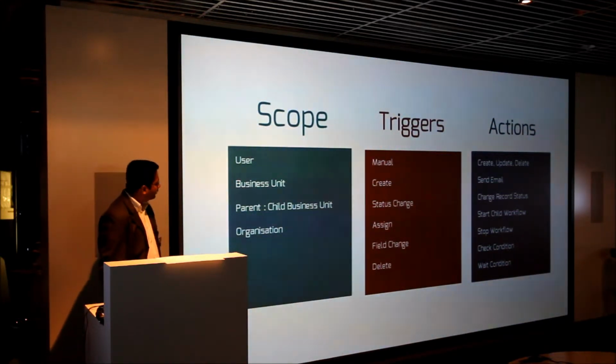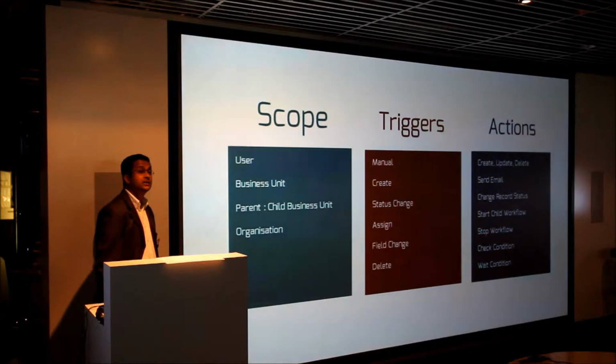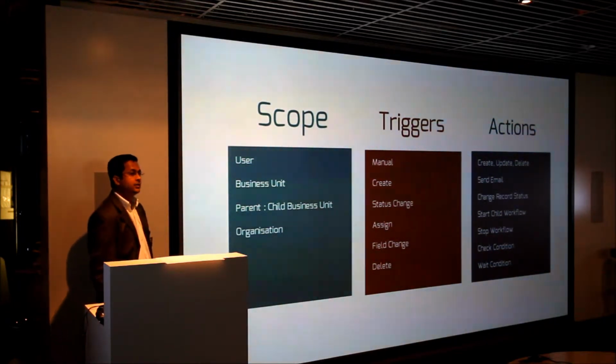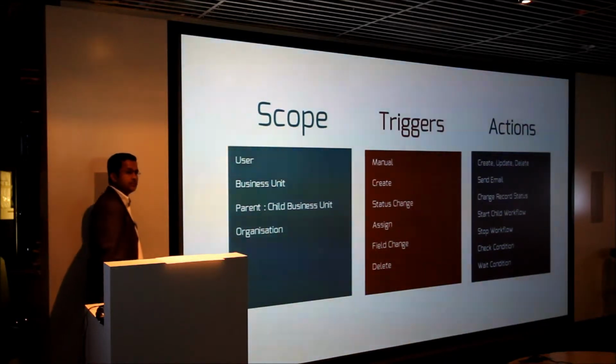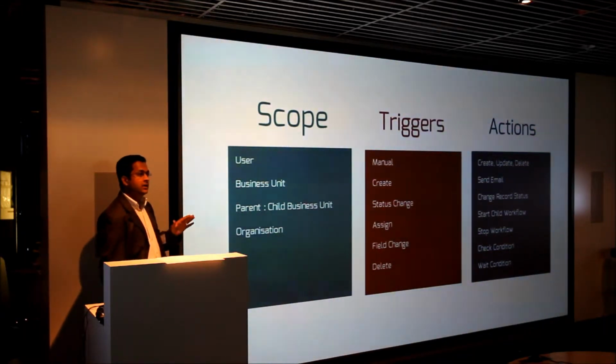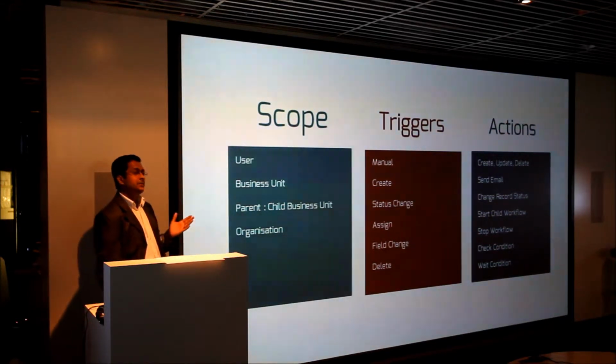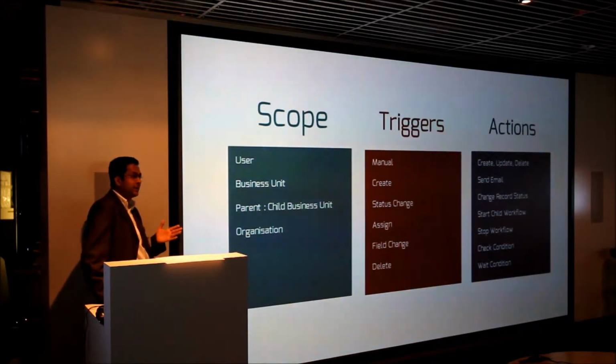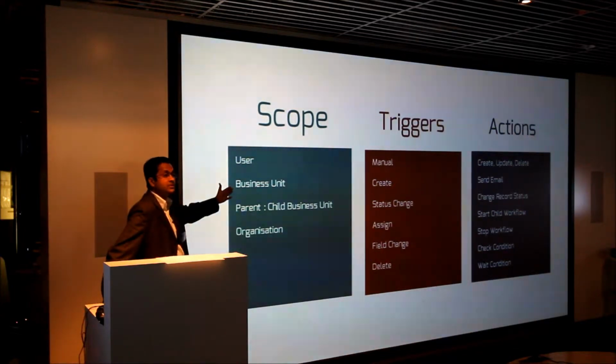If I have a workflow configured to run at the organization level, it means that whatever actions and trigger points are defined on that workflow will be applicable to all users across the organization. Okay? But in some cases, I might have different processes applicable to different business units or different departments within the same company. So I might have a training department which has a specific workflow. I could create a workflow and run it at the training business unit level.